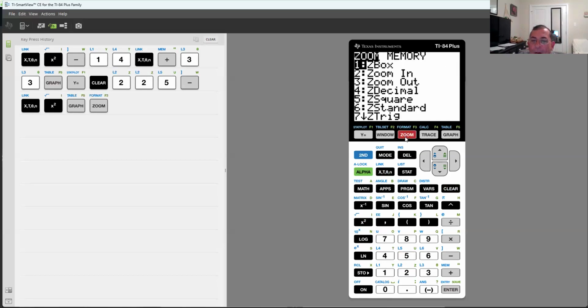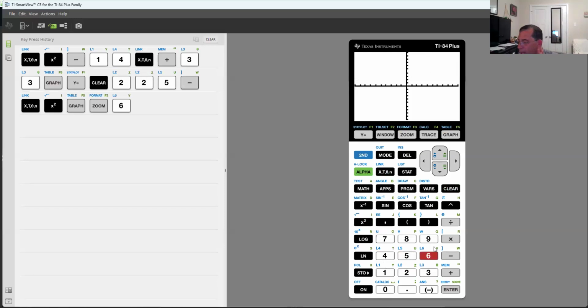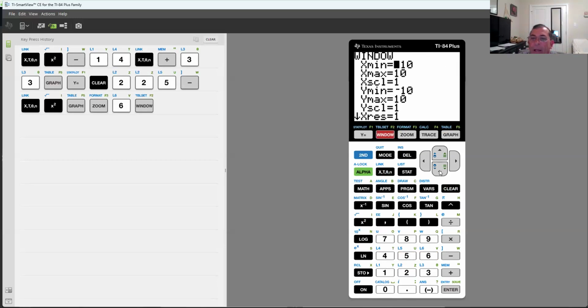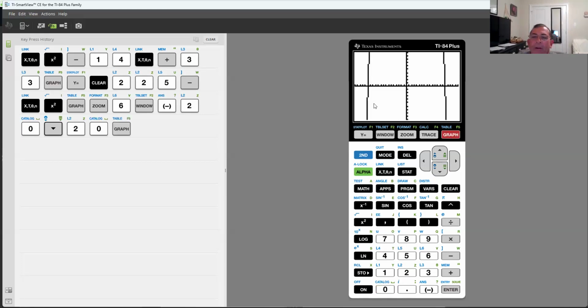Whoops, let me go back to a regular graph. Now we're not seeing it because of that 15. So if I want to see those parts, I got to adjust my window and maybe go from negative 20 on the x's to a positive 20. I got to get my x's bigger than those 15s, okay? But now watch when I graph it. You can see it's crossing over here at negative 15 and positive 15.